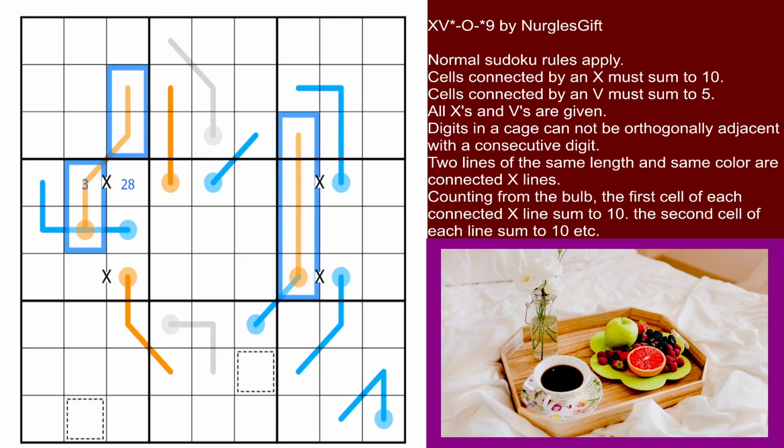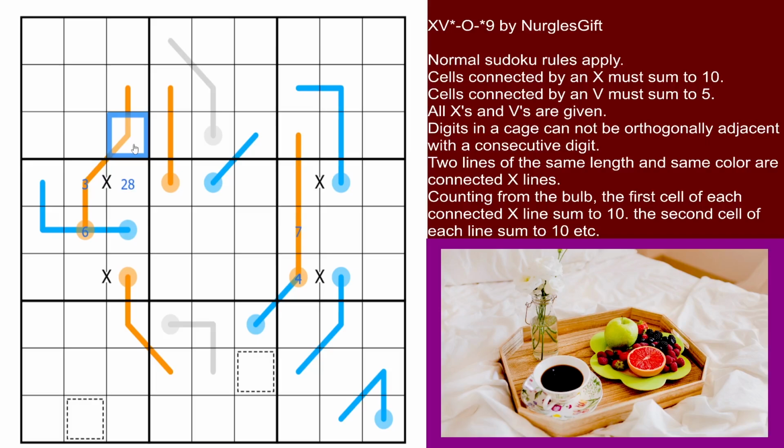Counting from the bulb, the first cell of each connected x line sums to 10, the second cell of each line sums to 10, etc. Let's take the example of these 2, which seem to be connected x lines. If this is 4, this must be 6. If that's 3, then that must be 7, because these 2 should sum to 10.